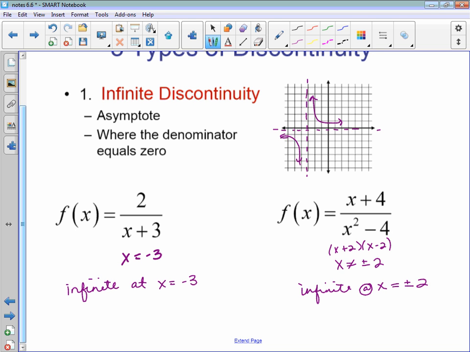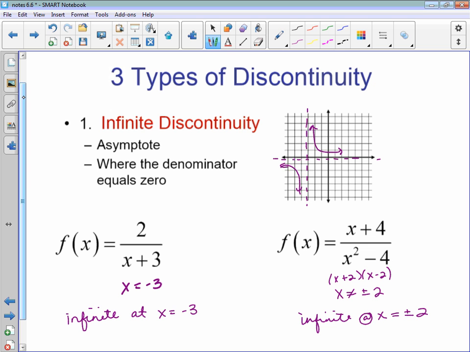So it can't be infinity at x equals. That's it, yeah. Not too bad, right? For infinite, that's the first of, see at the top how it says 3 types of discontinuity? We've done 1. All right, let's try number 2.